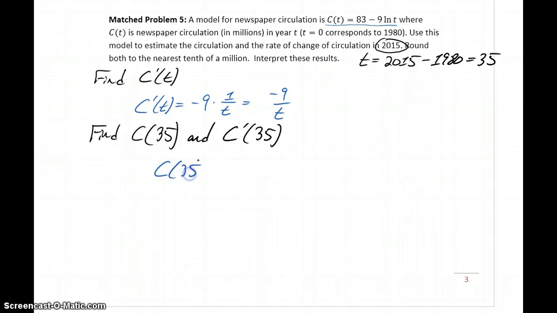So C of 35, we would go back to the original function, 83 minus 9 times the natural log of 35, is going to give us about 51.0 if we're rounding to the nearest tenth of a million. And our derivative function, evaluated at 35, is going to give us approximately negative 0.3.